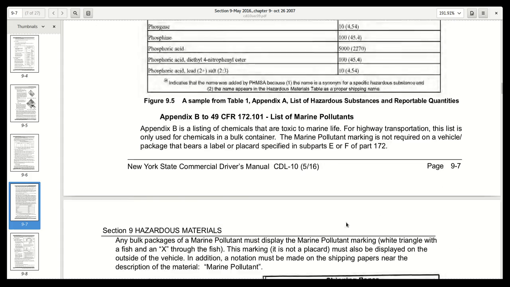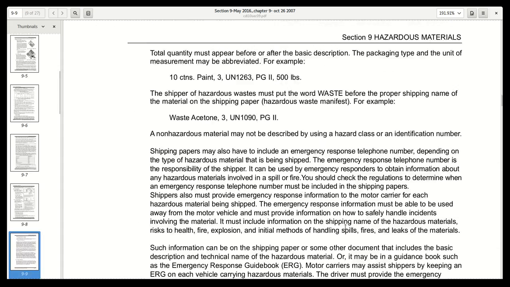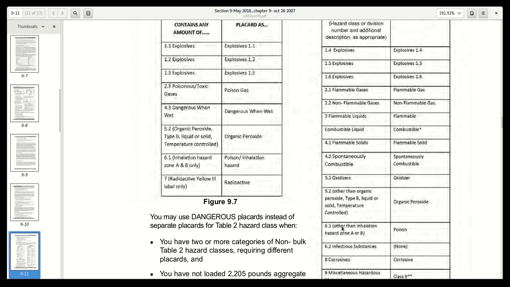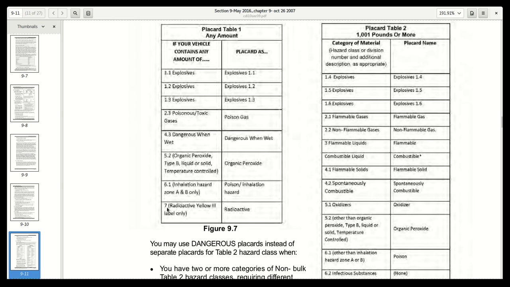Okay, so we got that correct. So the 6.1 inhalation hazard, zone A and B only, get placarded as poison inhalation hazard. And if you have any amount of 7 radioactive yellow 3 label only, then that's placarded as radioactive.